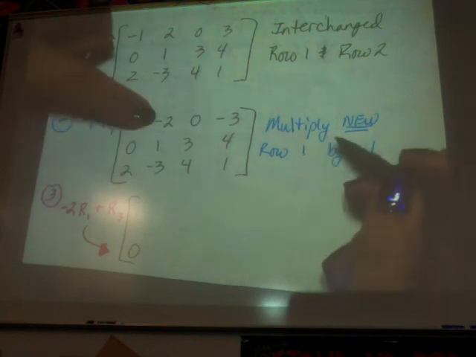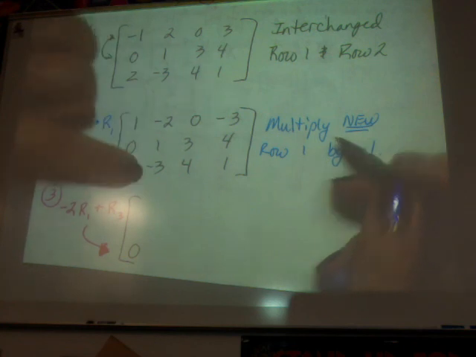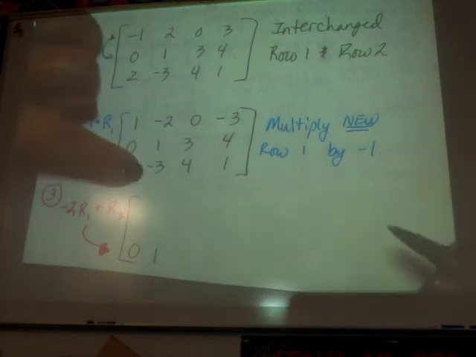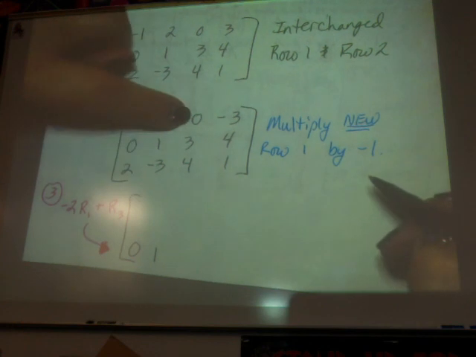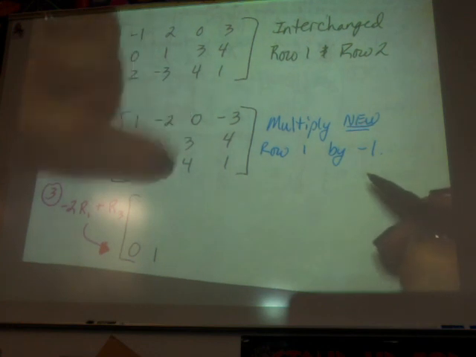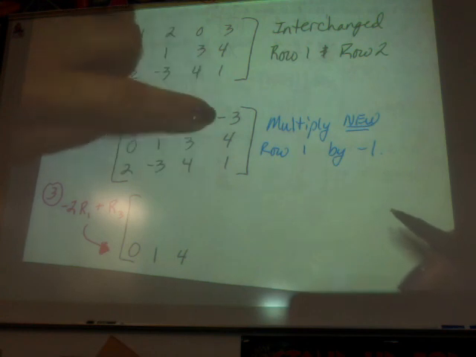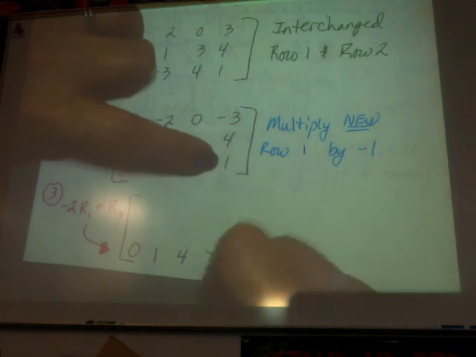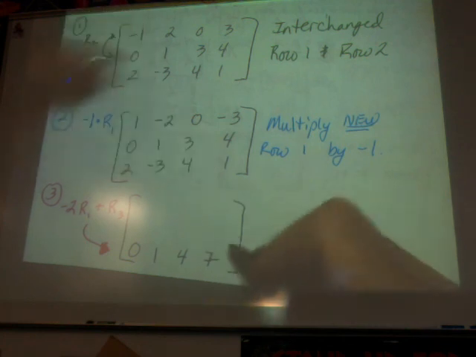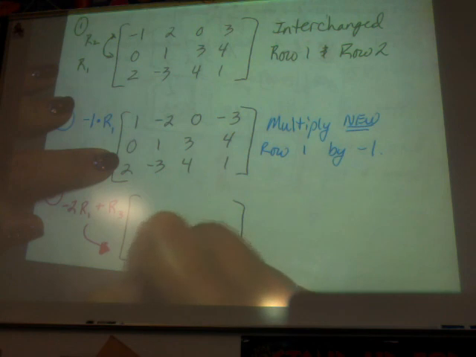Negative 2 times negative 2 is positive 4. Positive 4 plus a negative 3 is 1. 0 times negative 2 is 0. 0 plus 4 is 4. Negative 2 times negative 3 is 6. Plus 1 is 7. So the second row stays the same: 0, 1, 3, 4.